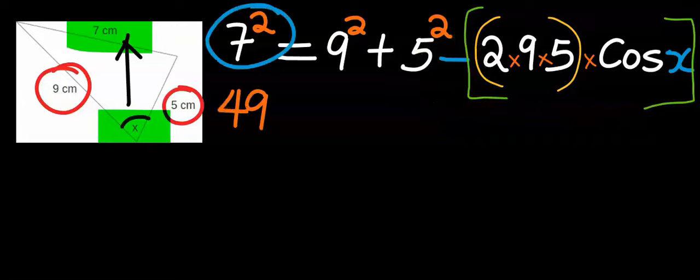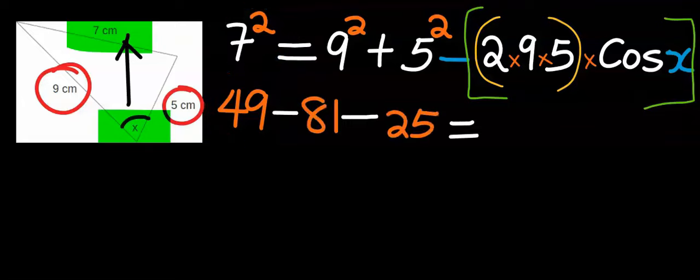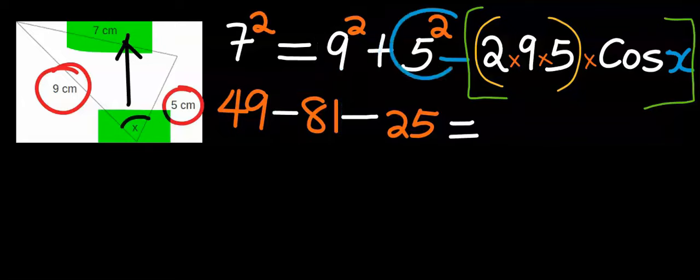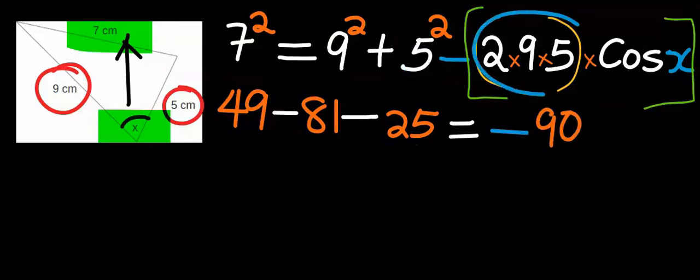Remember, this minus is affecting everything here. Next, 7 squared is 49. Next, 9 squared is 81, and on the other side of the equal sign is going to be minus 81. Next, 5 squared is 25. On the other side of the equal sign is going to be minus 25. 2 times 9 times 5 is 90.